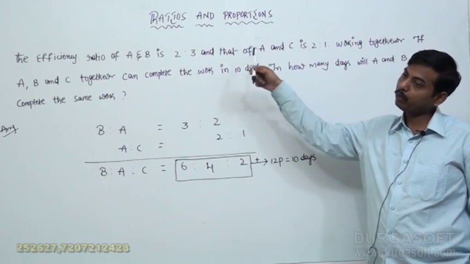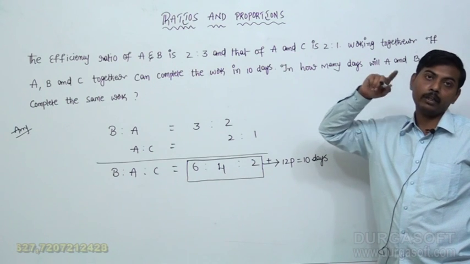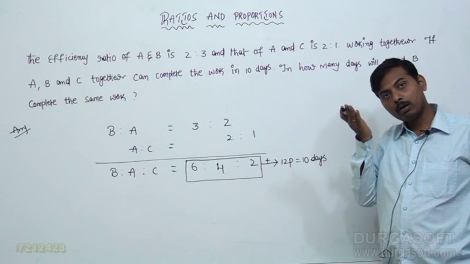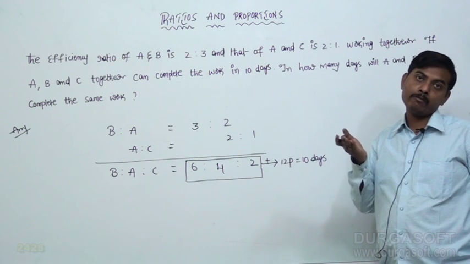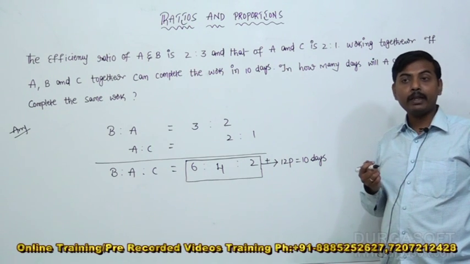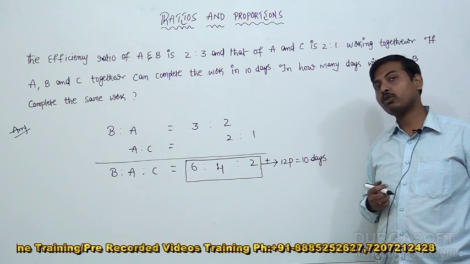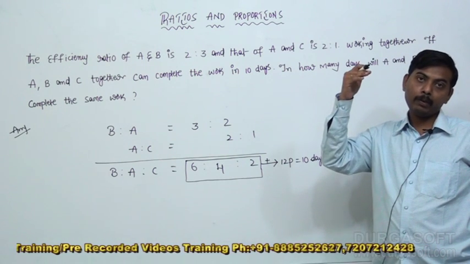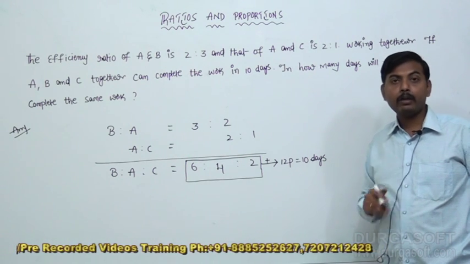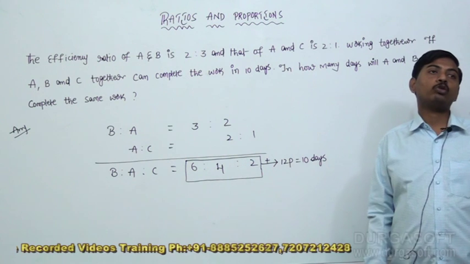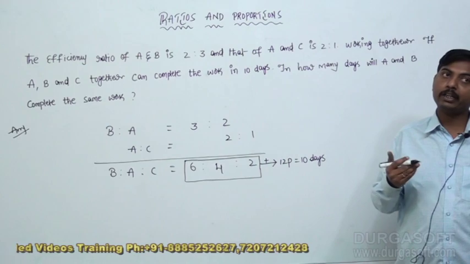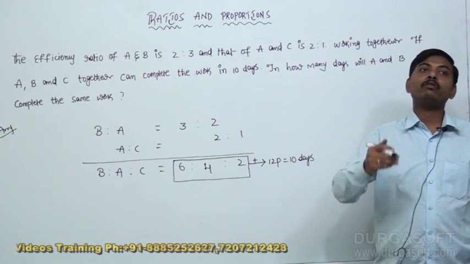We have seen very clearly the relation between the number of people and the working days in the time and work topic, my dear guys. If the number of people increases in the task, automatically the number of working days has to decrease. If the number of working days increases, automatically the number of working people has to decrease. So the relation between number of people and number of working days is an inverse relation.